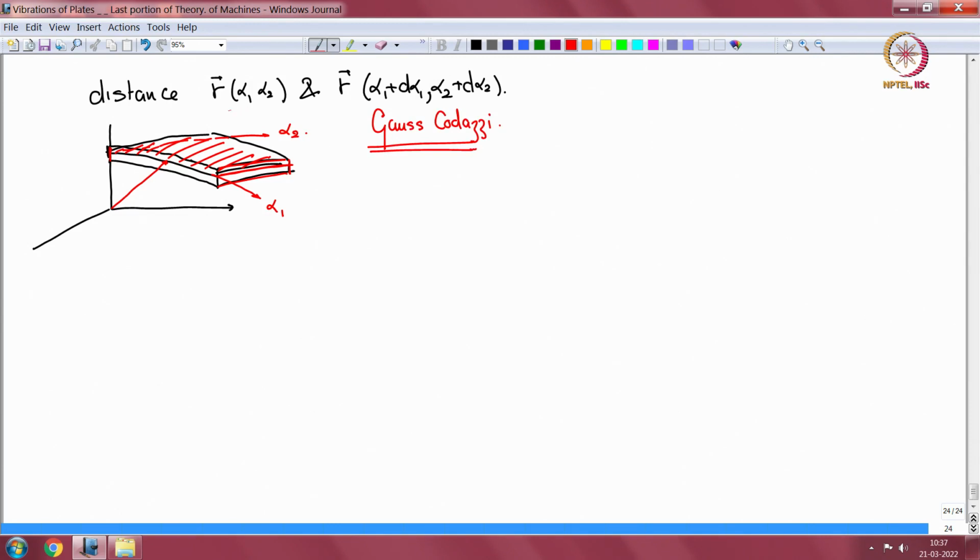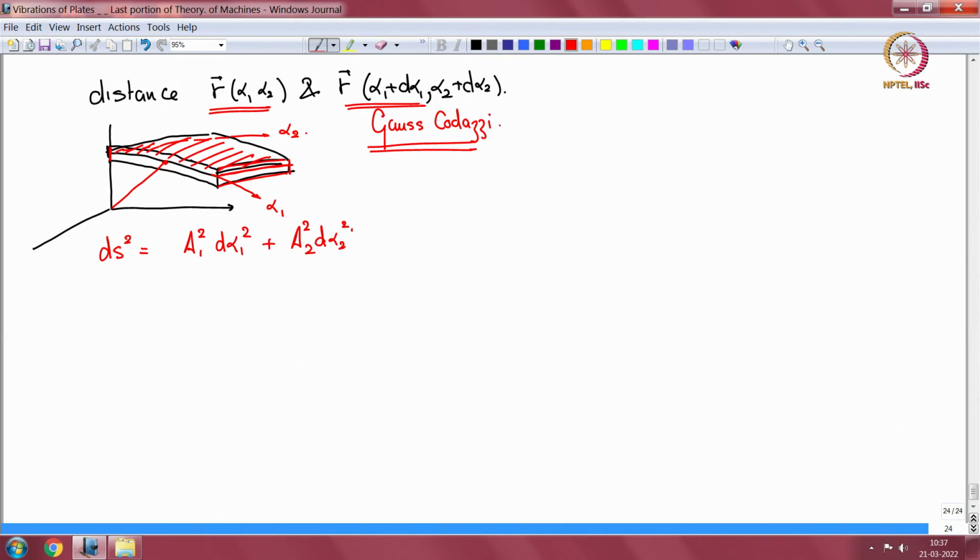So, on the middle surface we have a point at alpha 1, alpha 2, then a little distance away we have another point, and we found that distance squared to be a1 squared d alpha 1 squared plus a2 squared d alpha 2 squared.